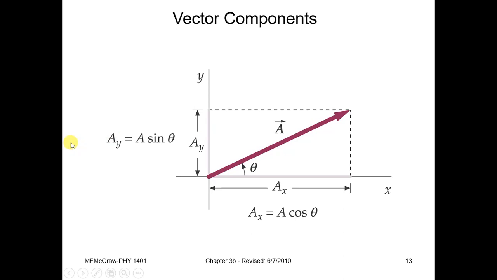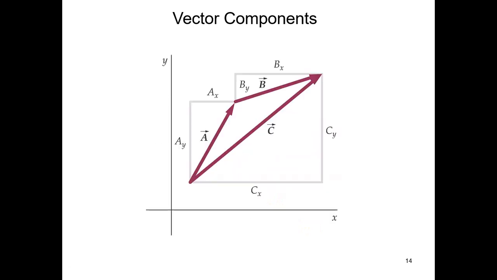We get that the opposite side is ay and the hypotenuse is a. So sin theta is ay over a, so ay is equal to a sin theta. Similarly, cos theta is adjacent upon hypotenuse, so we get ax is equal to a cos theta. So this is our vector component.